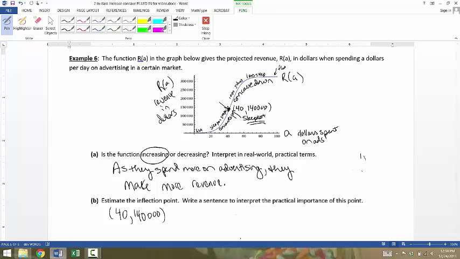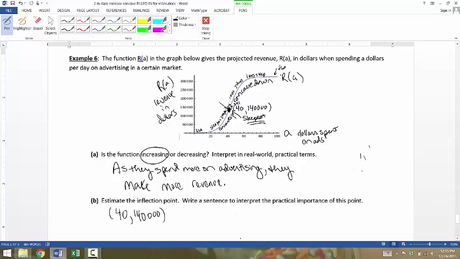What would that mean in real world terms? Right at the inflection point, when they are spending $40 a day on advertising, if they were to increase to spending $41 per day, they would have a great big increase in their revenue.